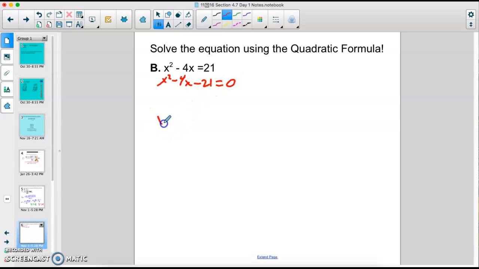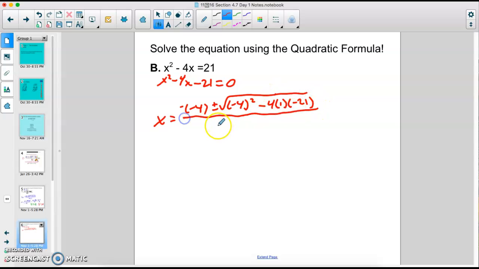Okay, now x equals negative b plus or minus square root of b squared, so negative 4 squared, minus 4ac, all over 2a.